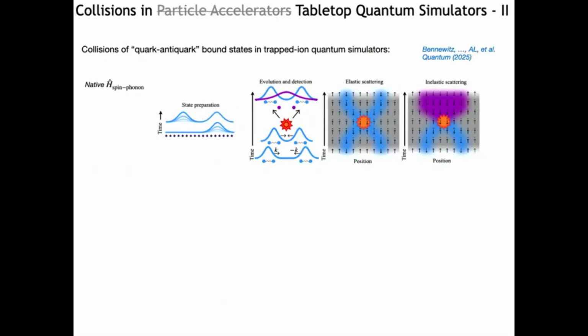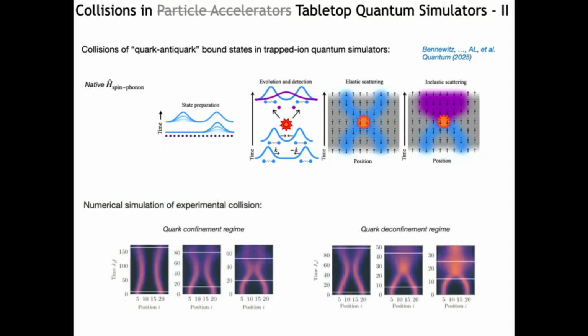This is for Rydberg atom arrays, but we have also worked on the realization of this protocol in the context of trapped ions more recently. And here you can really tune the properties of the Hamiltonian, for example, across a deconfinement transition, and check that out of the collision you can deconfine the quarks if you work in the deconfined phase of the model.